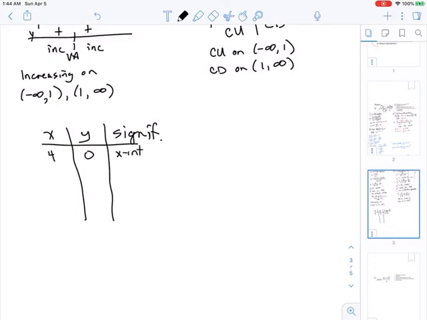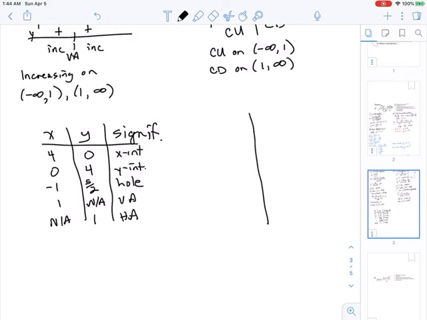When x is equal to 0, y is equal to 4, and that's a y-intercept. When x is equal to negative 1, y is equal to 5/2, and that's a hole. When x is equal to 1, y is undefined, and that's a vertical asymptote. And when y is equal to 1, x is undefined, and that's a horizontal asymptote.